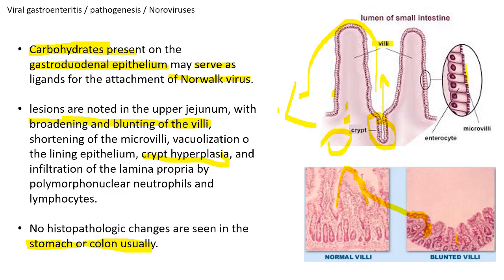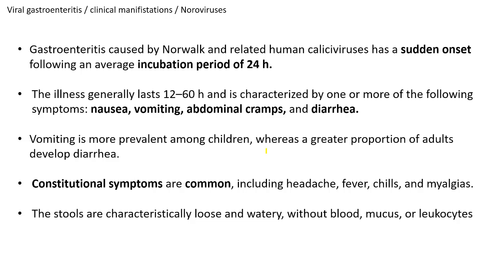So this pathogenesis that we see, these histopathological changes, will show in clinical manifestations in the form of vomiting and diarrhea mostly, but we will also have abdominal cramps and nausea. And this illness lasts for around 12 to 60 hours. So it has a short duration.